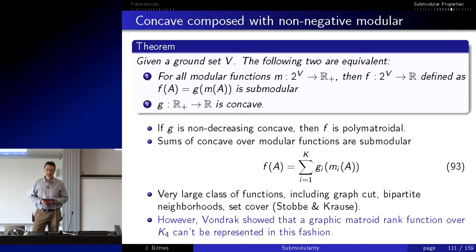However, it's not the case that this captures all submodular functions. The bad news is that Vondrak showed that this class of functions can't even represent a simple matroid rank function on the graph four-clique. So matroids are powerful in that sense.